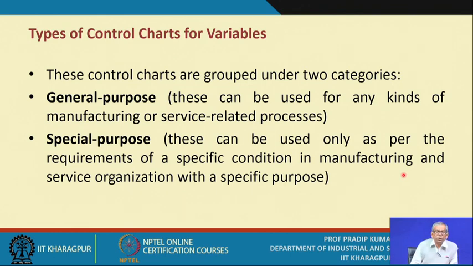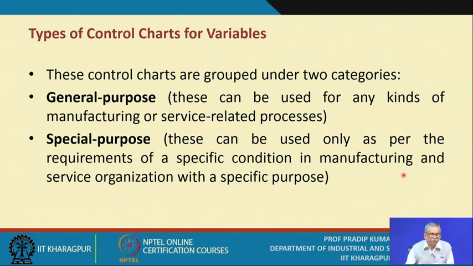what are the types of control charts for variables you come across? Now these control charts are grouped under two categories. The first one is the general purpose. Now what do you mean by general purpose? That means these charts can be used for any kinds of manufacturing or service related processes or situations.